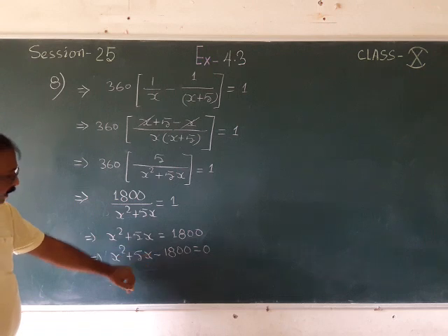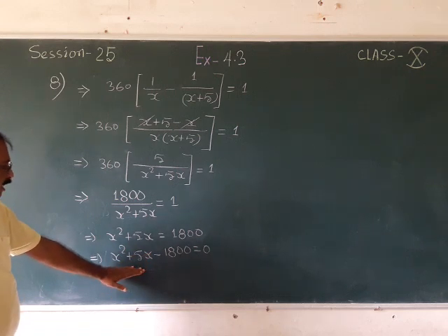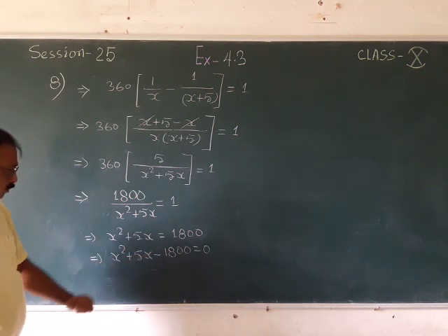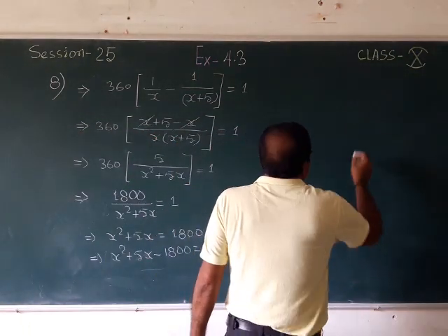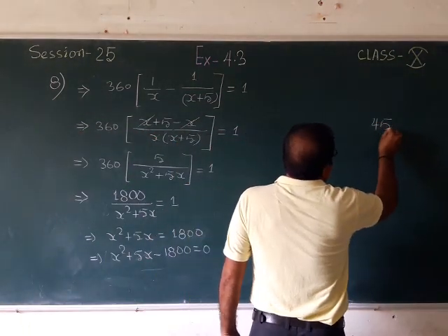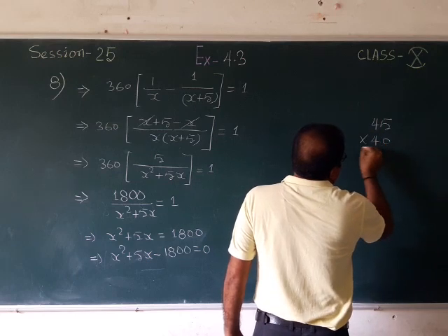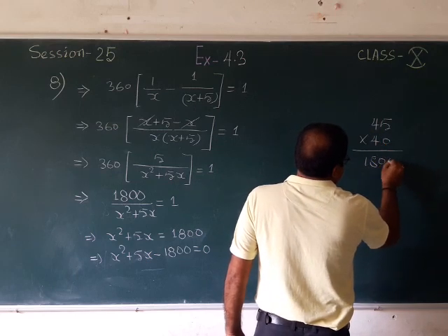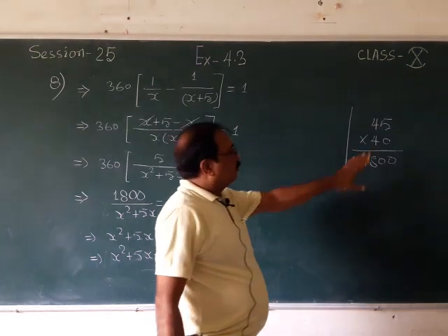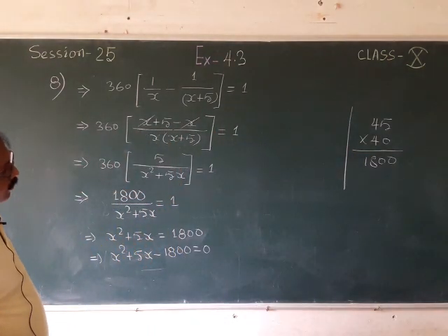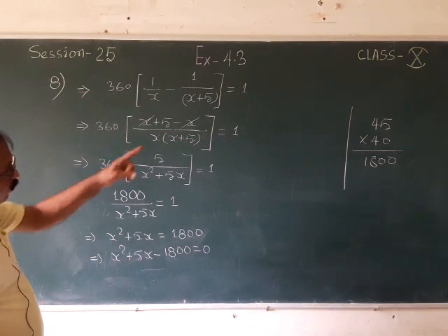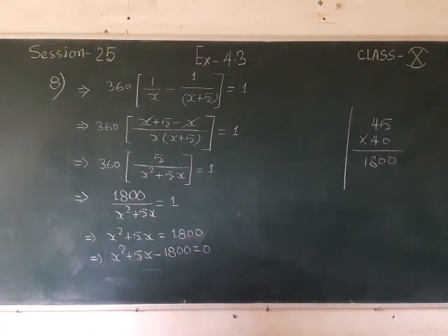Here I can apply the middle term splitting rule, because when you multiply 45 into 40, it will give you 1800, and 45 minus 40 is 5.